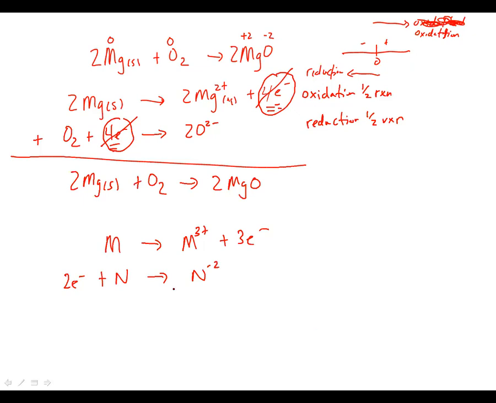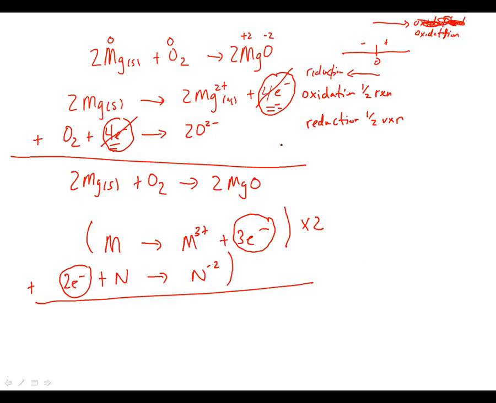If you were going to add these back together, you cannot do it because on this side, which would be our reduction half reaction, and on this one, which would be our oxidation half reaction, we have different numbers of electrons. So before you would add them together, you would multiply the entire equation by 2 on the top, 3 on the bottom, because the common number there is 6, to get us to the same number of electrons, and they will completely cancel out.